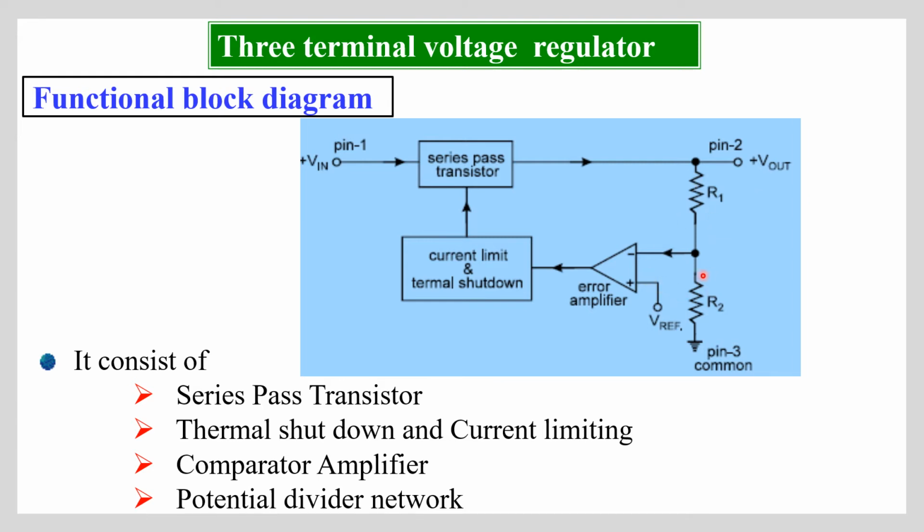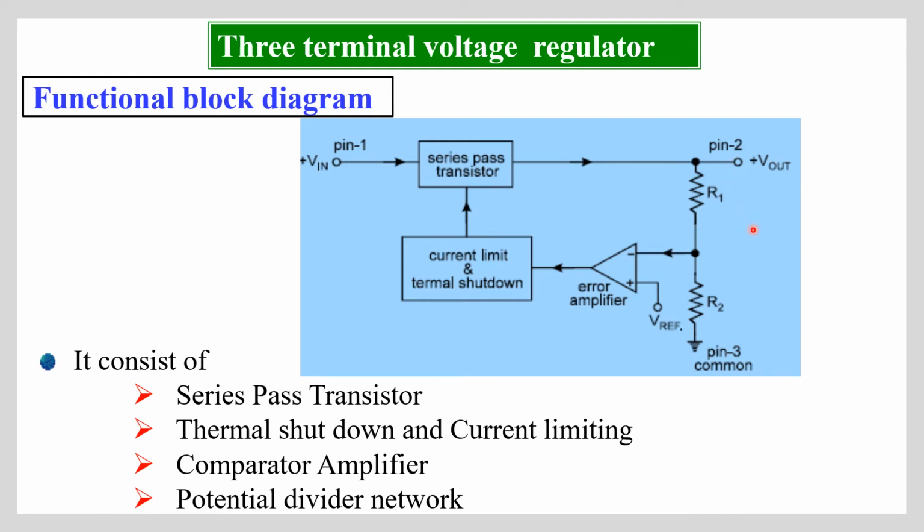So see, more voltage will be fed back than V reference. So here it compares, and therefore the output of the comparator drops, because here this is negative and this is positive, so the output will drop, keeping the output voltage constant.